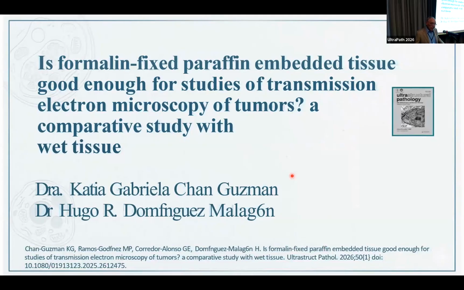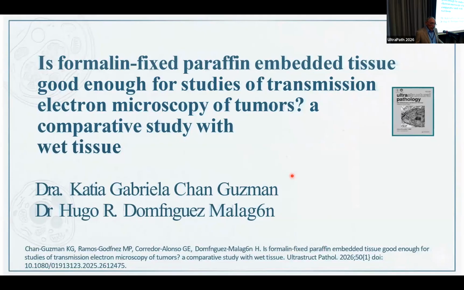We all know that electron microscopy has to have a very special process, and it seems like research using electron microscopy and clinical medicine, clinical pathology, or diagnostic pathology is going in two different directions.